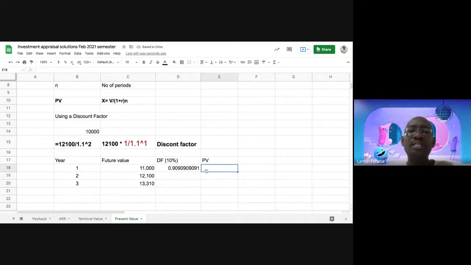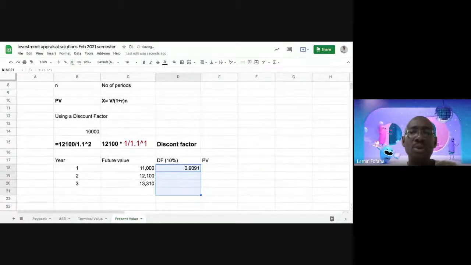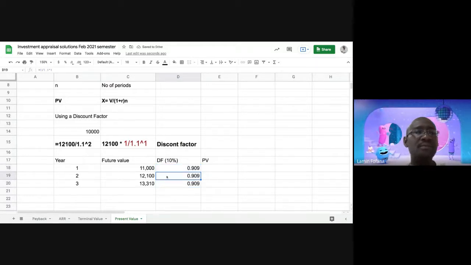Take note, if you have not been told, always take the discount factor to 3 decimal places. You can just copy here, but then you have to change the years. Instead of typing raised to power 1, you could use the year cell here.